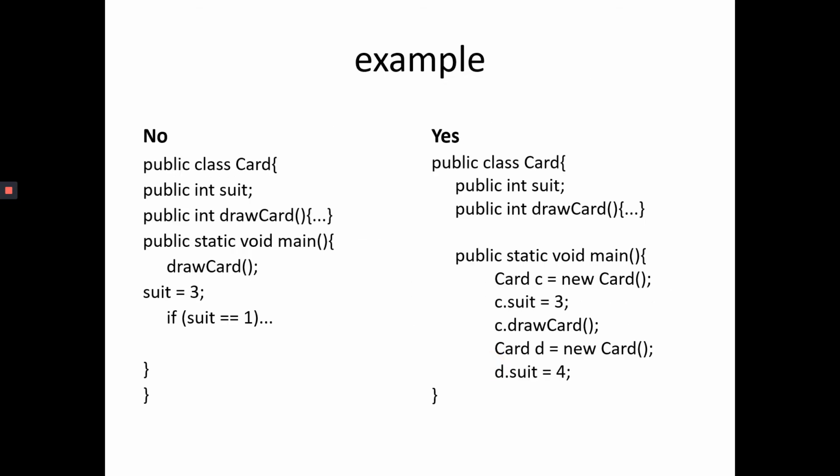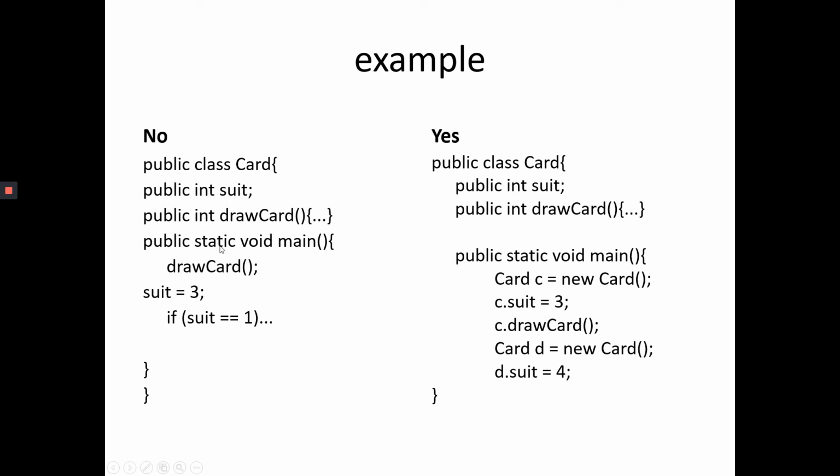I'll give you a really quick example. If you have a public class called card, and you've got a single public variable called suit, you can see both sides are the same, and you have a method called drawCard. Now none of these are static, which means that they have to be associated with an instance.